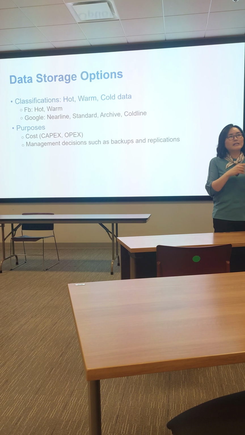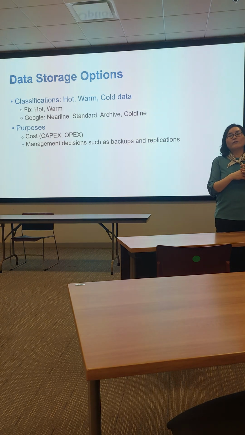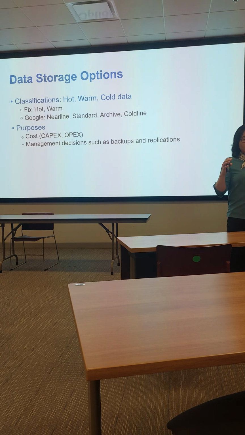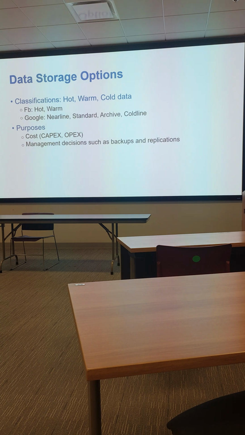In terms of sensitivity or value, it will be all the same, right? So even under the same type of data, you can still classify it into these kinds of categories: hot, warm, and cold, right?